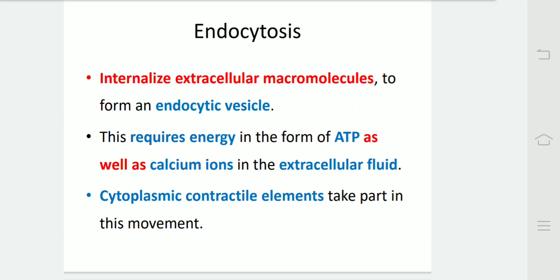Endocytosis is the mechanism by which cells internalize extracellular molecules to form endocytic vesicles. This requires energy in the form of ATP as well as calcium ions in the extracellular fluid. Cytoplasmic contractile elements take part in this movement.